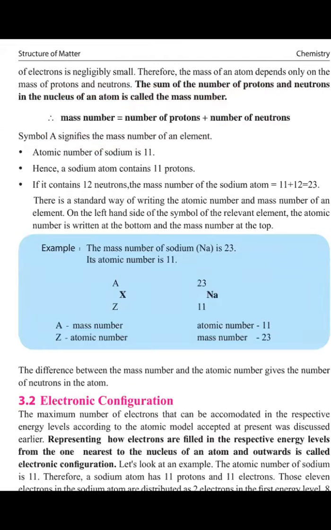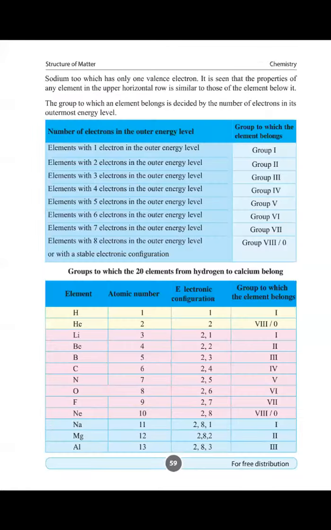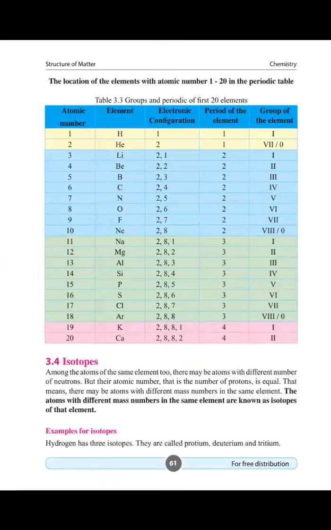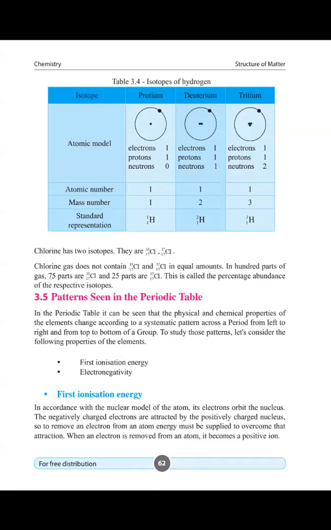With that knowledge, we can calculate the mass number in protium, deuterium, and tritium. The equation is mass number equals protons plus neutrons.